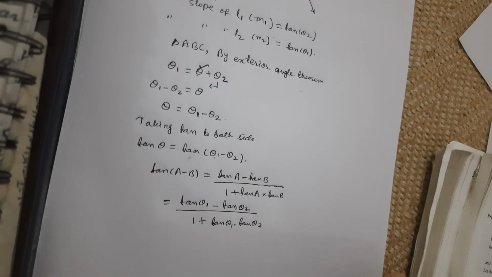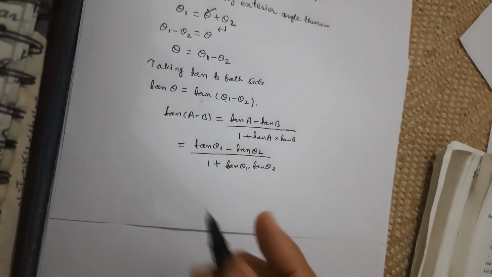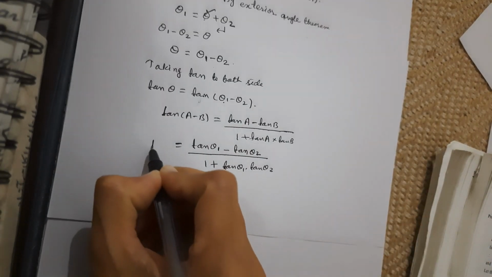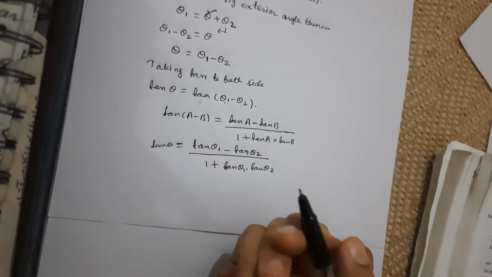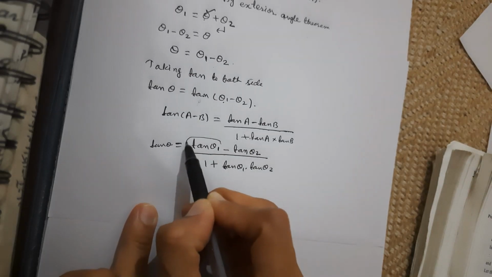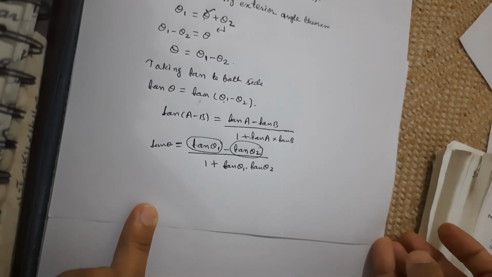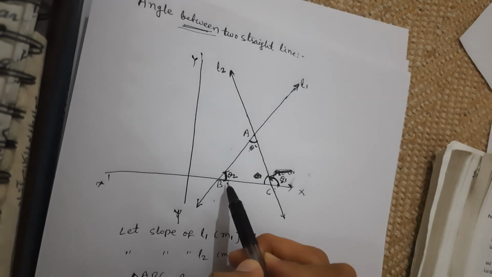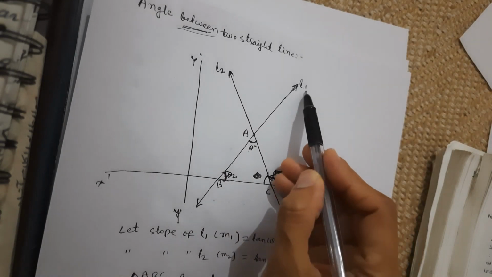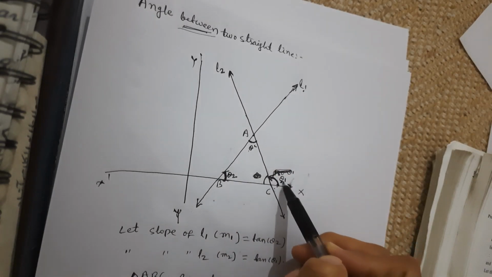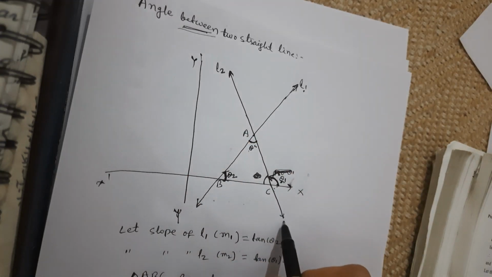Now here we have tan theta. What are tan theta 1 and tan theta 2? Since theta 1 and theta 2 are angles of inclination, theta 2 is the angle of inclination for L1 and theta 1 is the angle of inclination for L2.